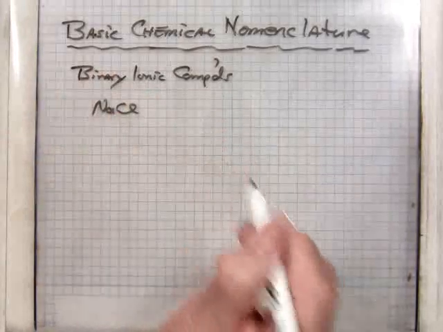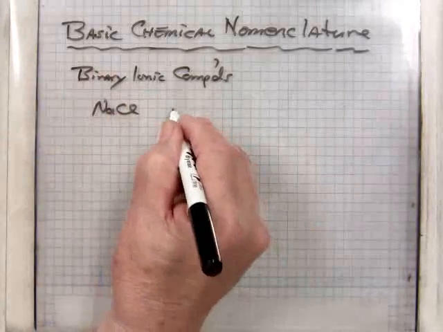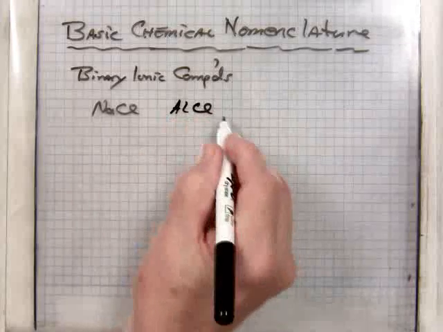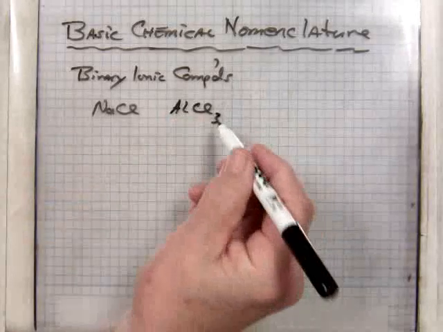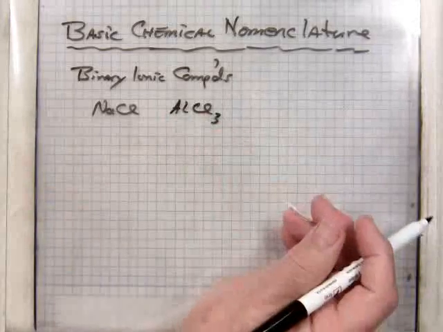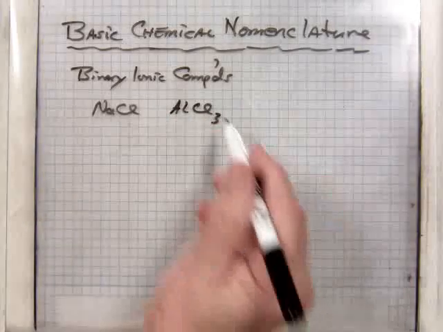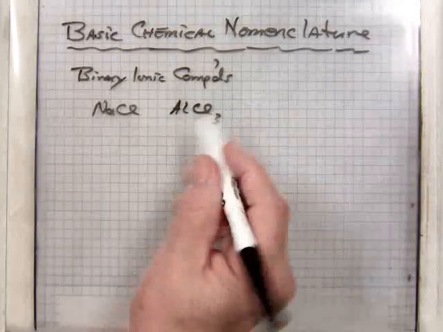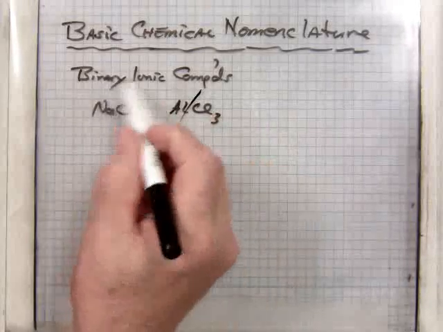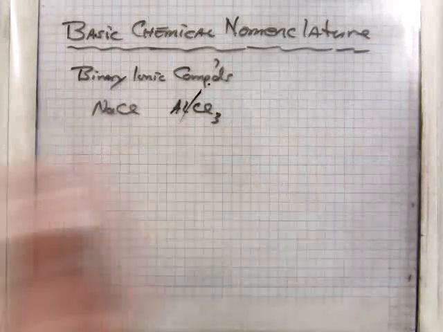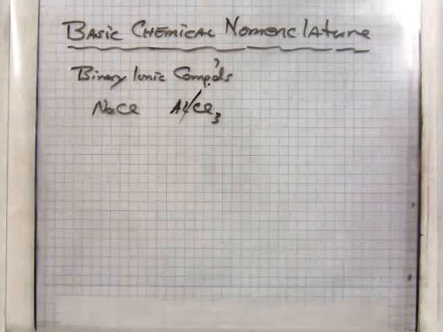But if you have, say, aluminum chloride, its formula will be this. Now, it's got 3 chlorides and an aluminum, which is 4 atoms in the structure, but it's still just 2 different elements. So when we talk about binary ionic compounds, 2 different elements in the structure.